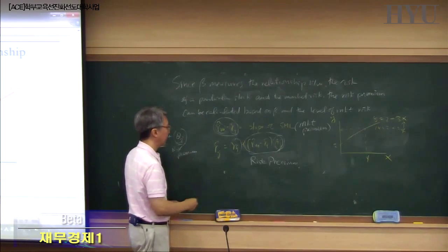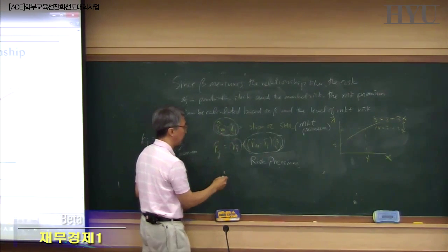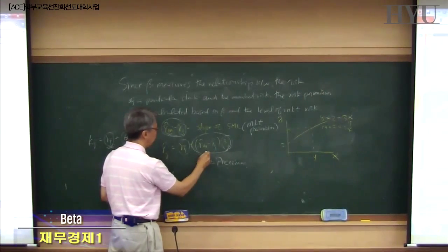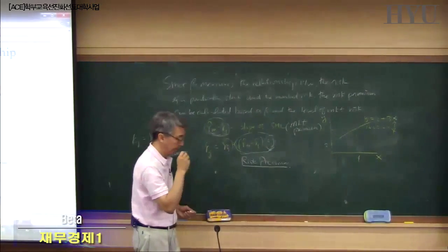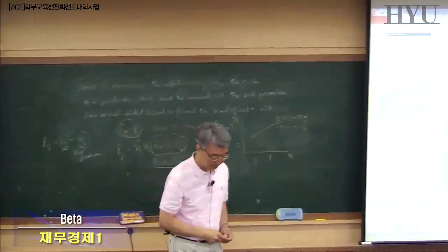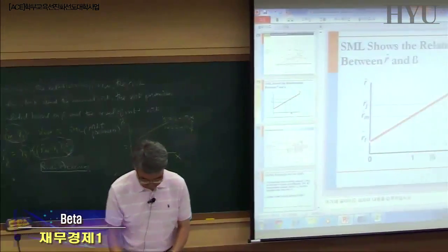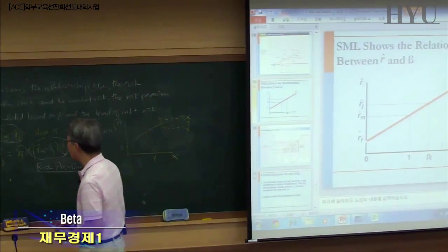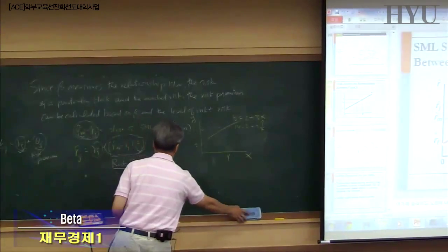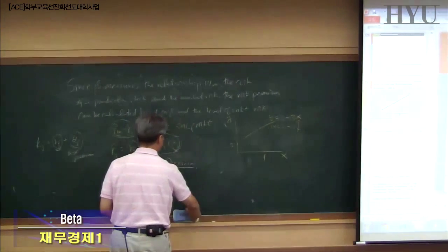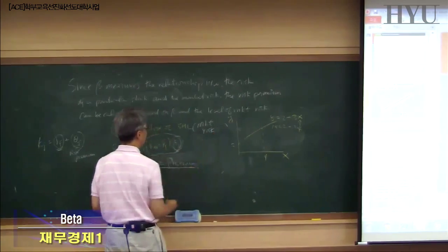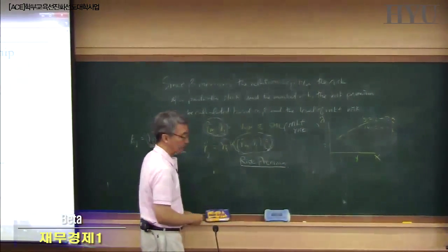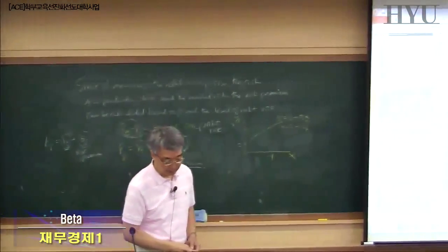So that's the market premium. And if you multiply market premium by the beta, you get risk premium, entire risk premium. Or market risk. I can say this is market risk. All right? And you know what we're talking about here, right?